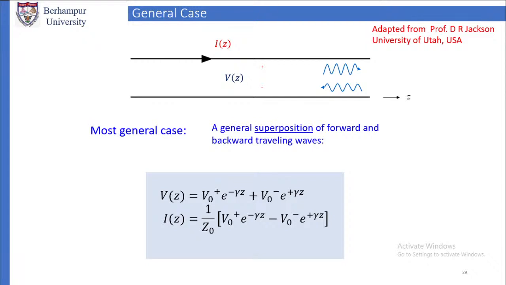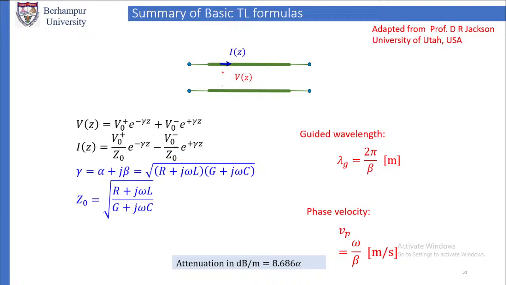Remember that Z0 is equal to V0 plus by I0 plus. So we know that, from that we can say I0 plus is equal to V0 plus by Z0. So the first term is V0 plus by Z0, that is same as I0 plus. I is equal to I0 plus exponential minus gamma z, that is the first term, forward term.